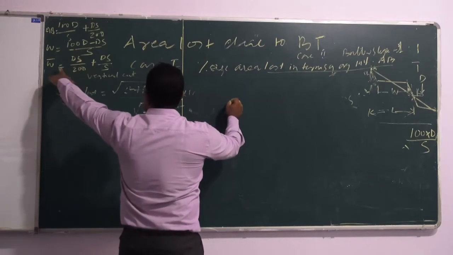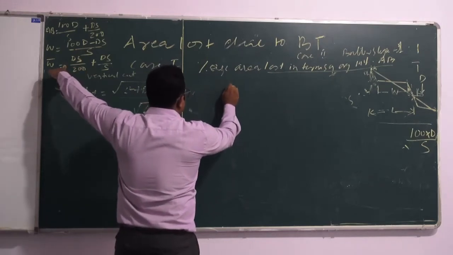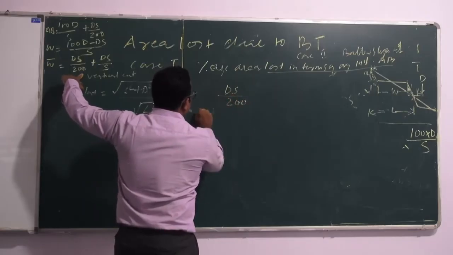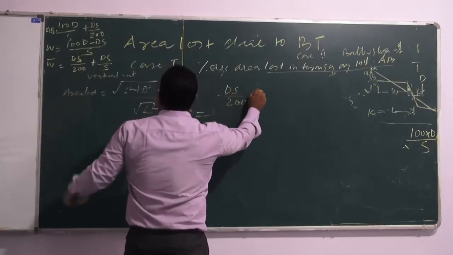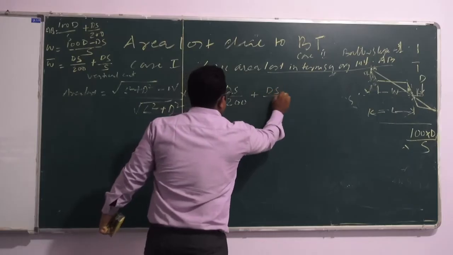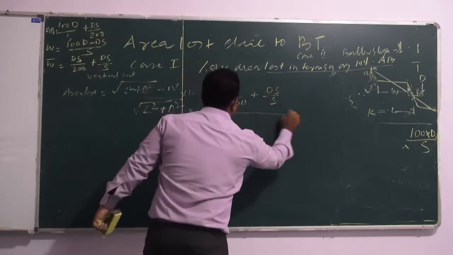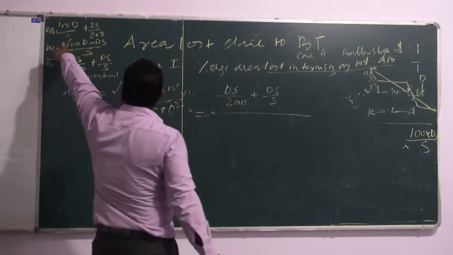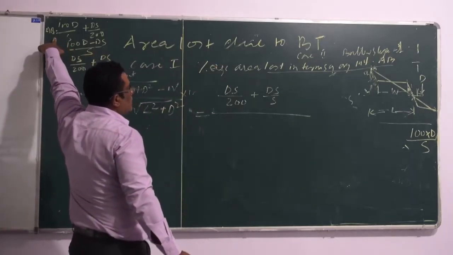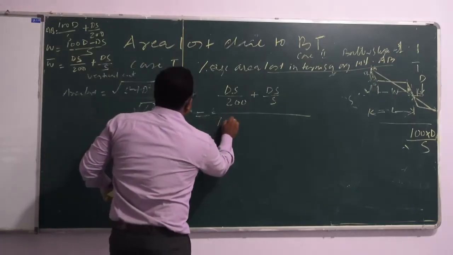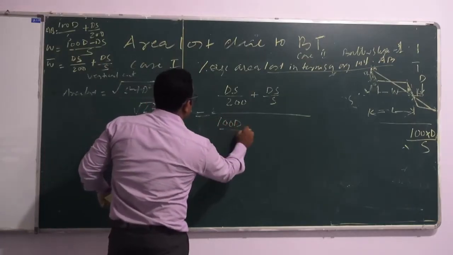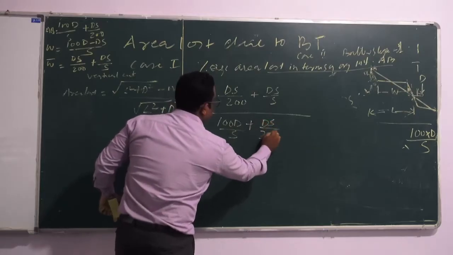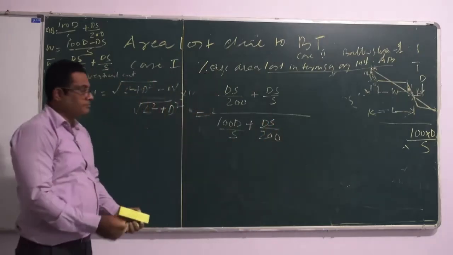So this will be the area not available for cultivation, that is DS by 200, plus DS by S divided by the AB. AB is 100 by D by S plus DS by 200.